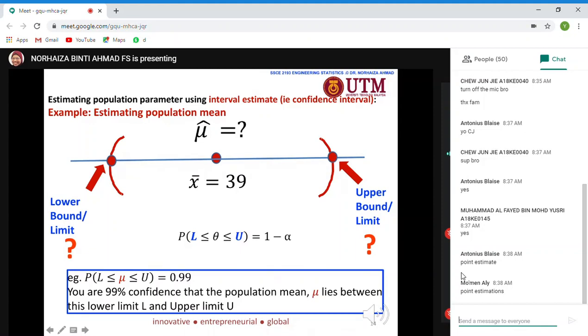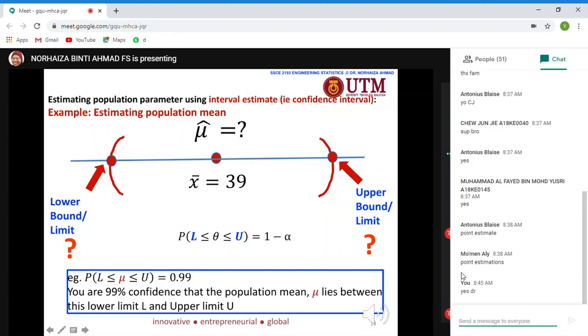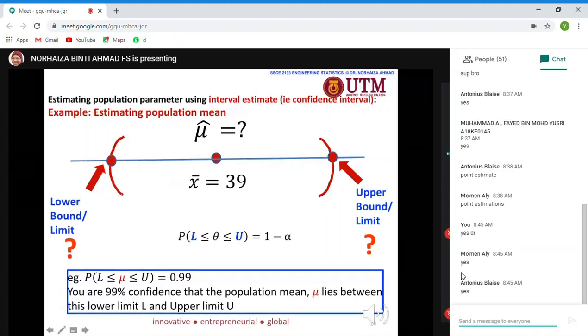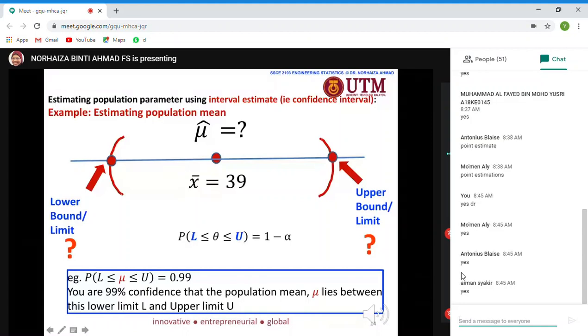Okay, do you understand what is the difference between point and interval estimation? Okay, good. All right. So to summarize, point is 1 point, interval is a range of values.